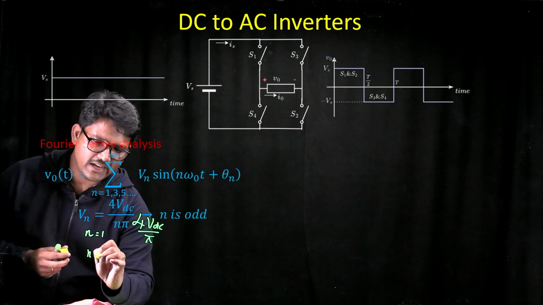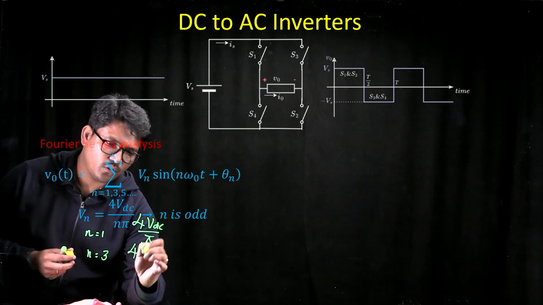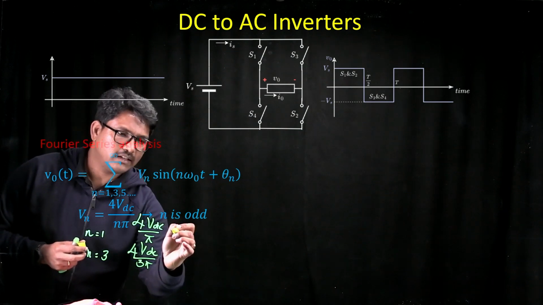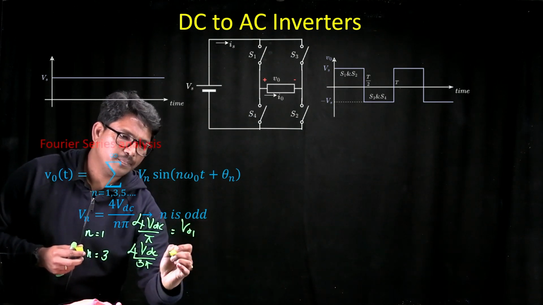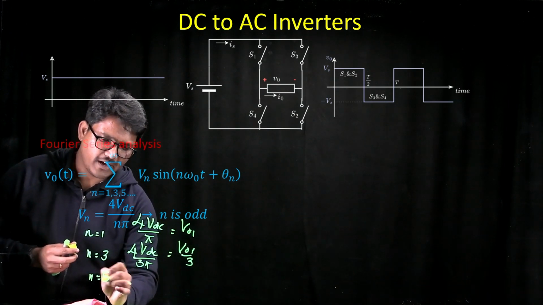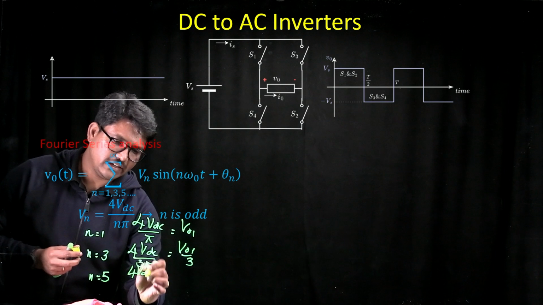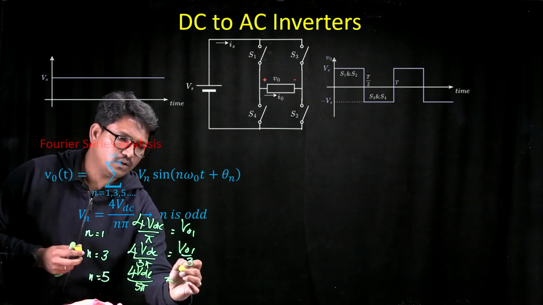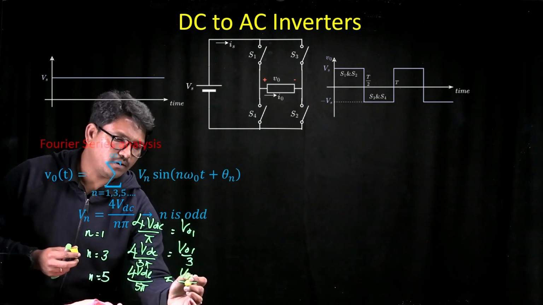For n equal to 3, it is 4VDC upon 3 pi, which indicates that if you say this is V01, this is going to be V01 upon 3. For n equal to 5, it is 4VDC upon 5 pi, which is equal to V01 upon 5.